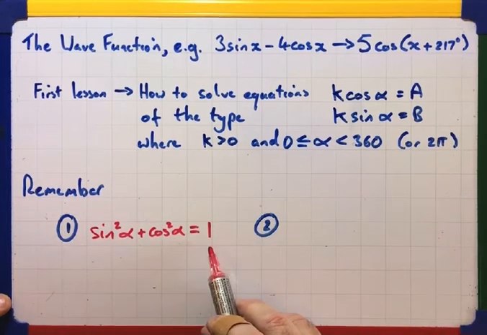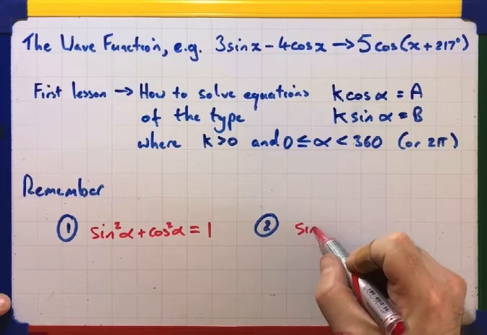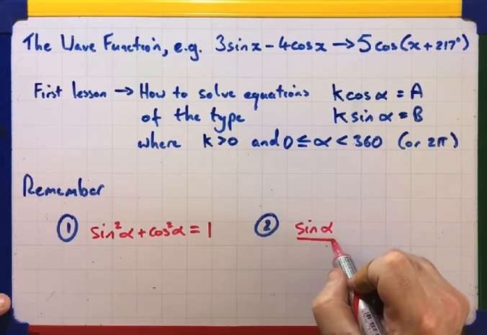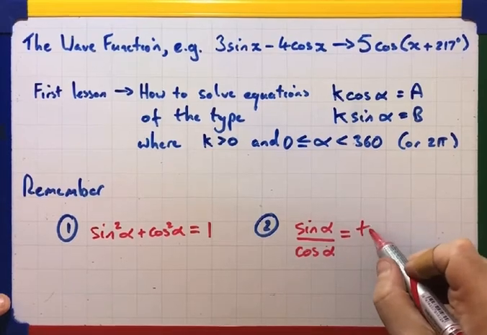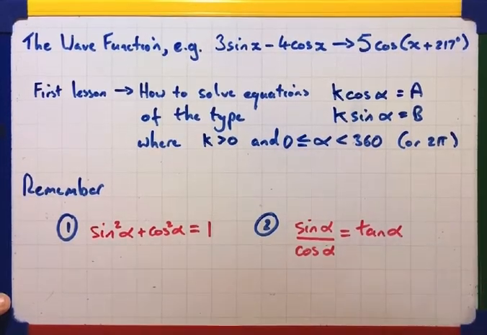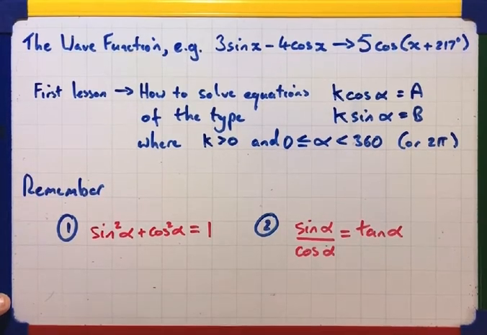You can assume that. The second bit we know is that sine alpha divided by cos alpha equals tan alpha. You need to know that identity as well. And with some of them, you might need to know your exact values for trigonometry as well.